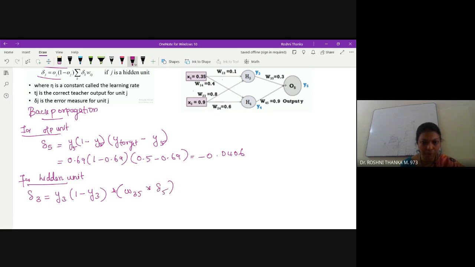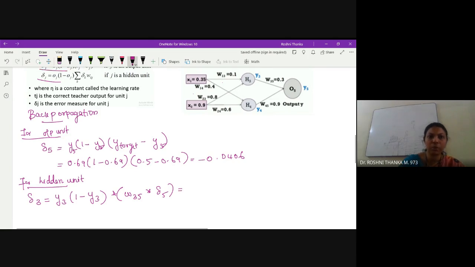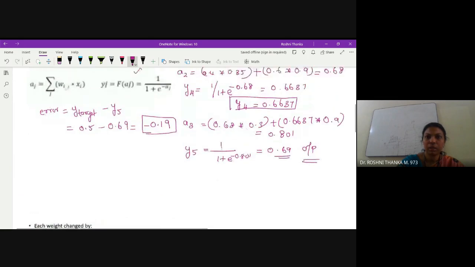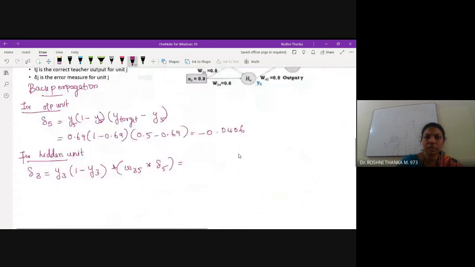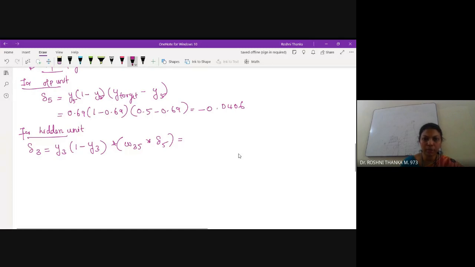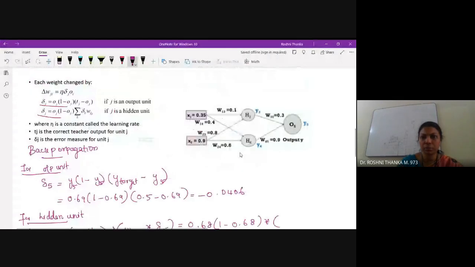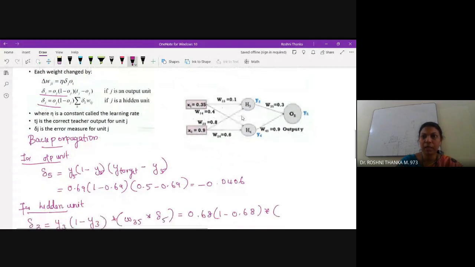So if you substitute the values, what is the y3 value, the output which we got for y3? It is 0.68. So we'll be putting 0.68 into (1 minus 0.68) into W35, which means this weight, because we are coming from backward and based on that we are rectifying it.